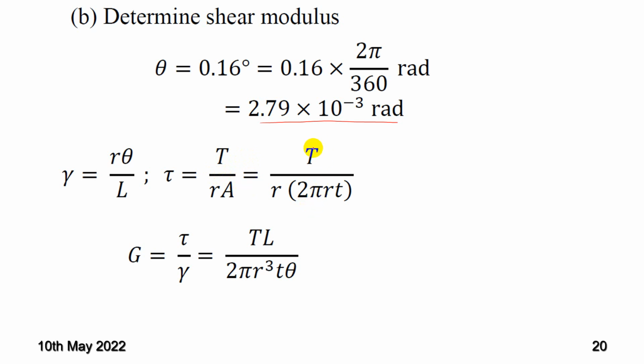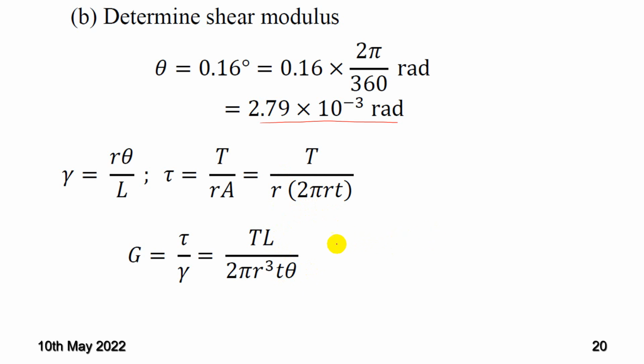So T over RA is T over R into 2 pi R T. If you substitute this, G is equal to shear stress over gamma, that is T over 2 pi R squared T into R theta over L. So it becomes 2 pi R cubed T theta, and L comes on top.